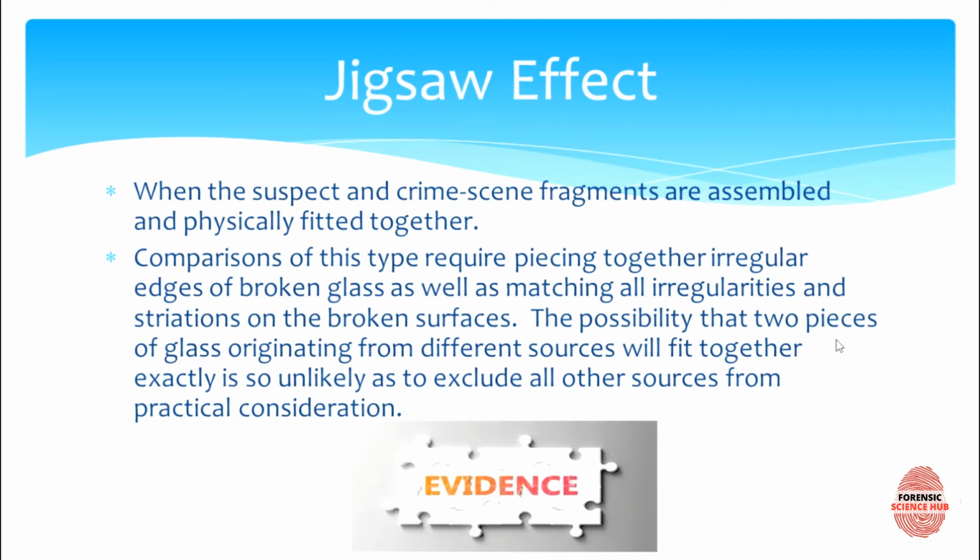So this one is not very reliable, but if it works, then it gives a conclusive result: if two glasses fit with each other, that is conclusive evidence that they belong to the same source. But if not, that doesn't always mean that they belong to different sources.